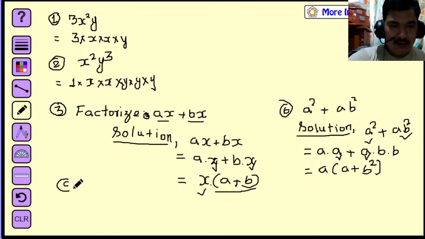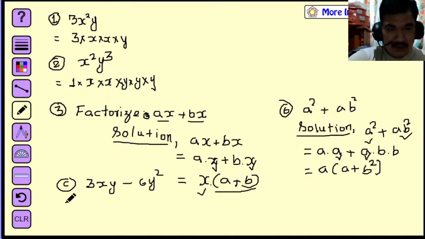This C number I want to give like this: 3xy, this is the first term, and another one is 6y square. Suppose 6y square is given, and it is asked to factorize, then first of all we have to write the solution.